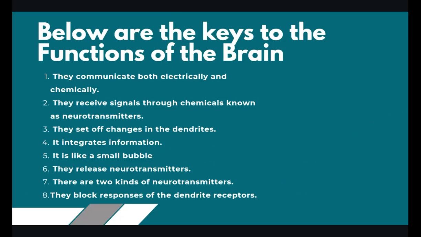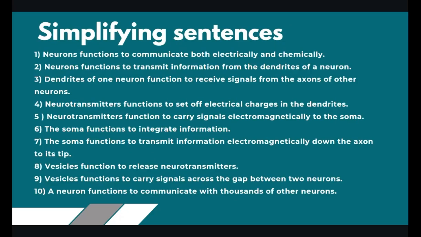Next, it integrates information. The next, they release neurotransmitters. Next, there are two kinds of neurotransmitters. The last one is they block responses of the dendrite's receptors.